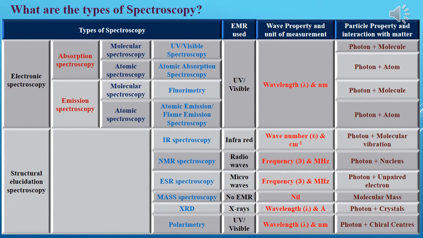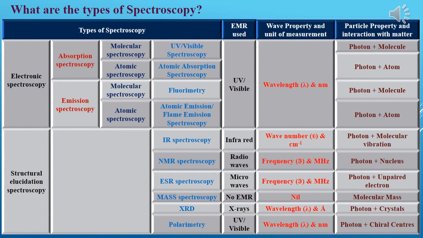The next column represents the electromagnetic radiation used in each technique. In electronic spectroscopy, the commonly used electromagnetic radiation is UV visible. For IR, infrared; NMR, radio waves; ESR, microwaves. In mass spectrometry, we are not using any electromagnetic radiation. And X-rays; polarimetry, UV visible radiation.